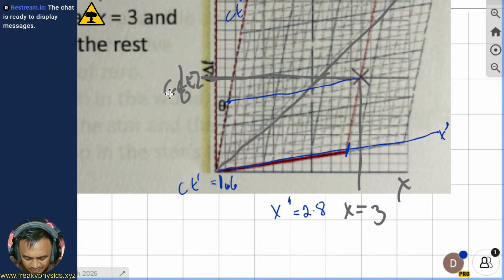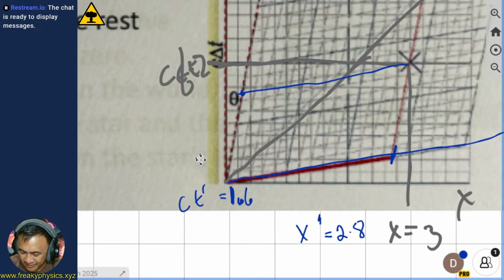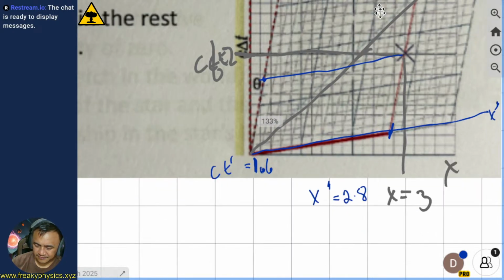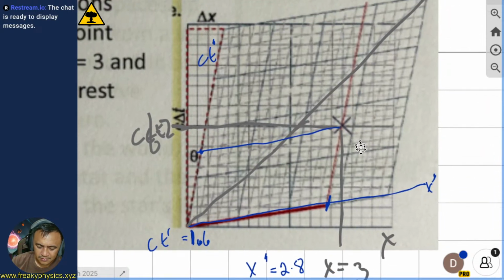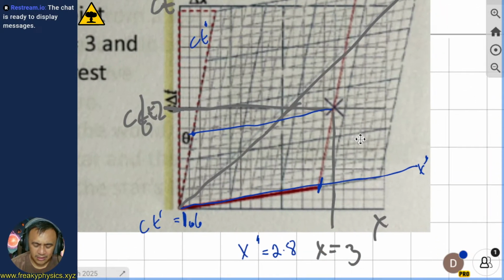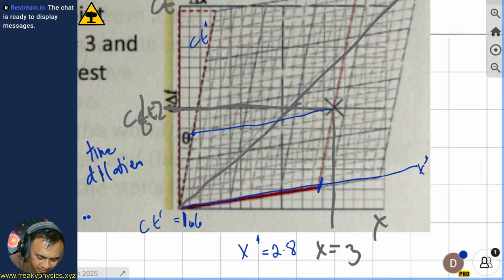I understand the graph, but what does this tell us? Is the time dilation for S or S prime looking at themselves, or looking at the other? Both. That's going to be both for time dilation and length contraction.